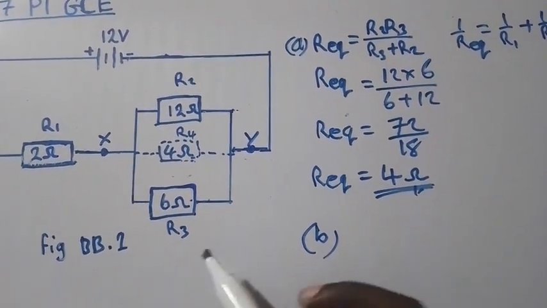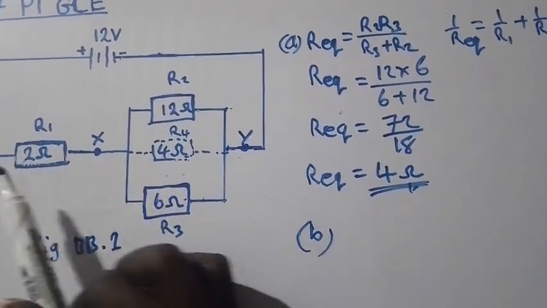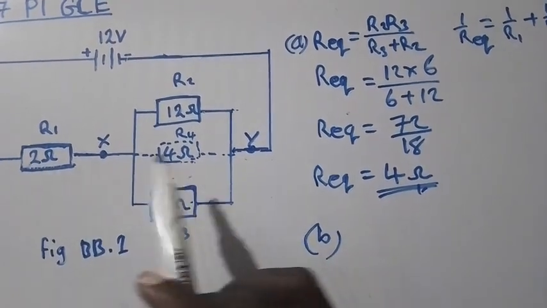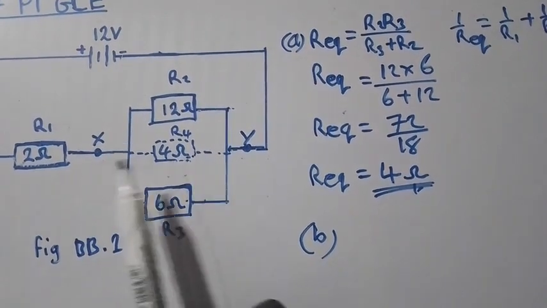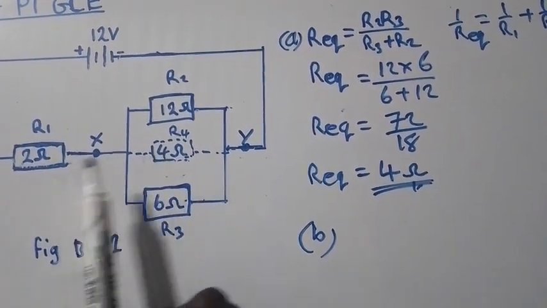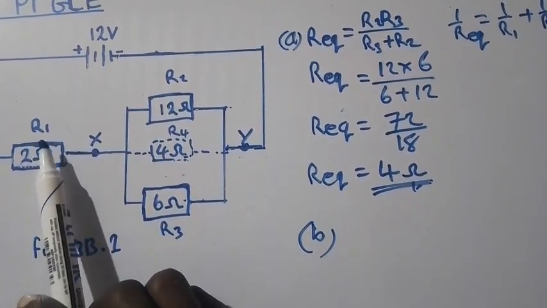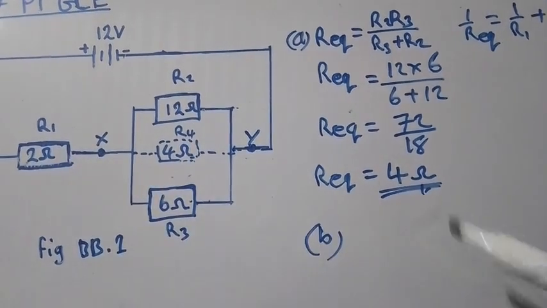The two, R1 and R4, are connected in series. You can see, this is a series connection. So it is just a matter of adding R1 to R4.